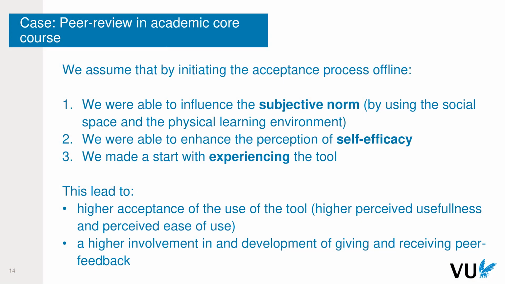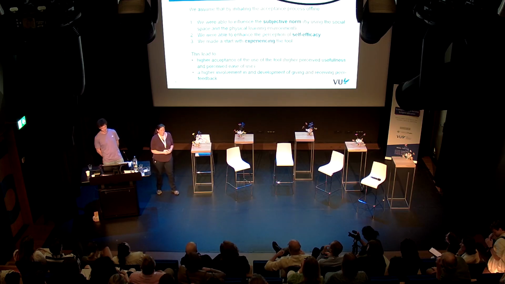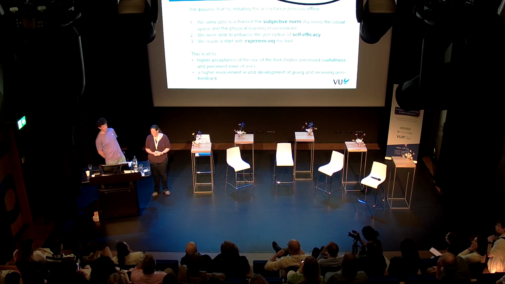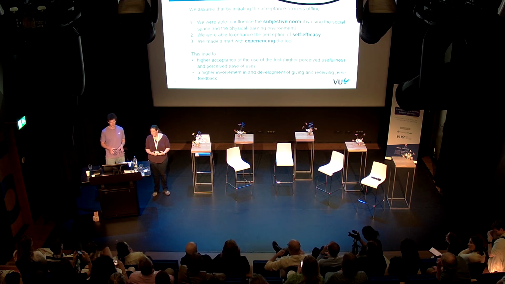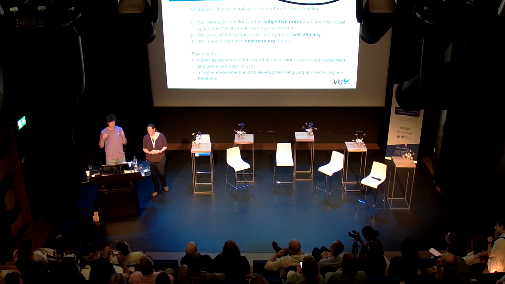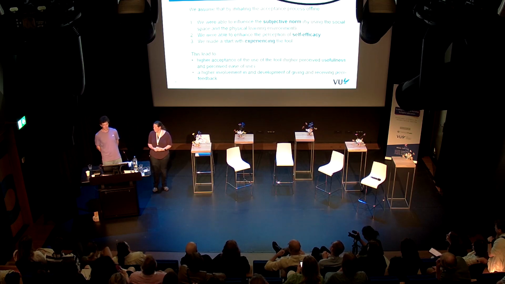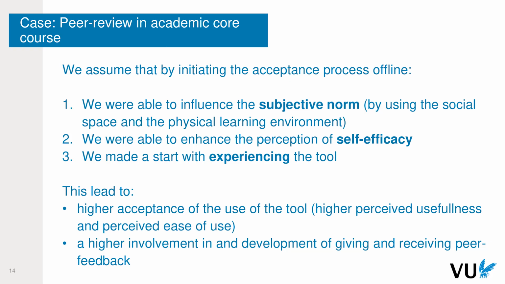If everyone in the class is actively working on the assignment, you will think it's more important. And we were able to enhance the perception of self-efficacy because you can ask your peers and ask your teacher about how to do one specific part that you're unable to do, or if you don't understand a certain instruction, you don't need to wrap your head around it by yourself. And of course, gaining some experience by doing it together.